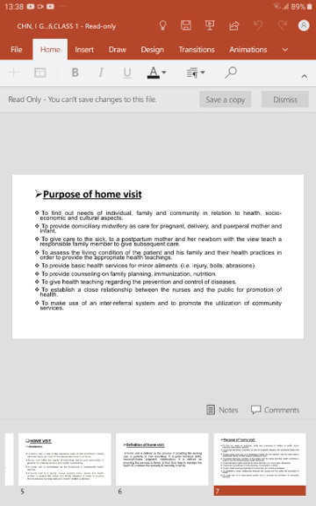Then next one is to give the health teaching regarding the prevention and control of diseases. Already in the last unit we have learned about communicable diseases, how we can prevent and control the diseases. So as the community health nurse, we can guide those people and give health education regarding the prevention of communicable diseases and controlling the diseases.